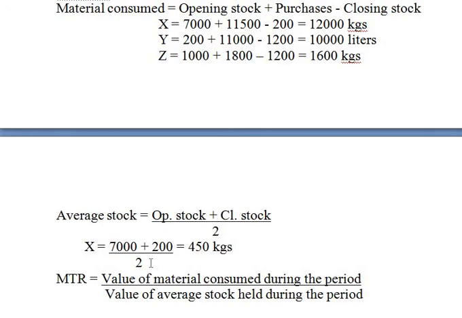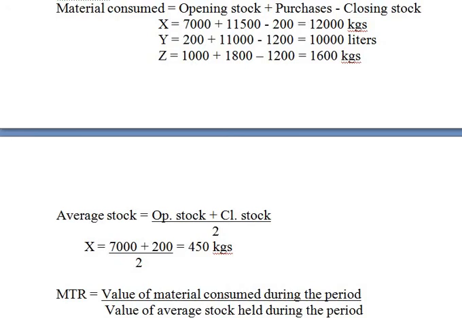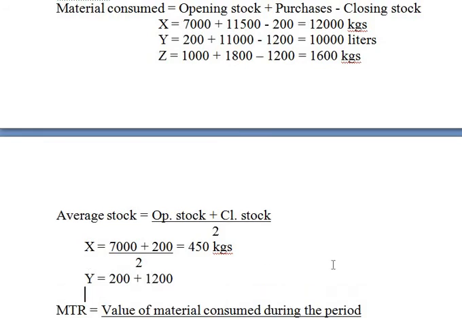Now same thing we need to calculate for Y. Y is equal to 200 plus 1,200 divided by 2. Again calculate. That will be equal to 700 liters.